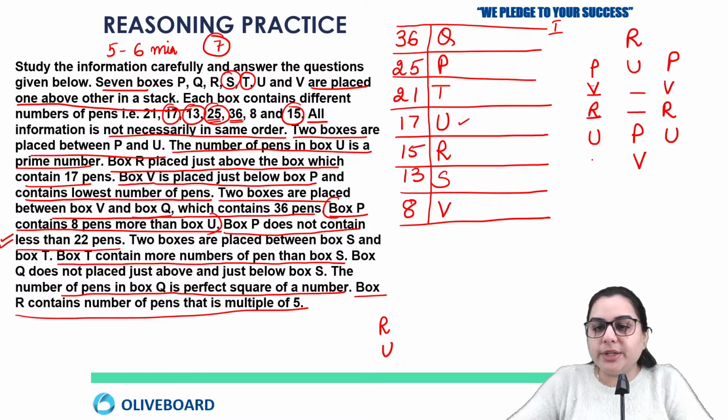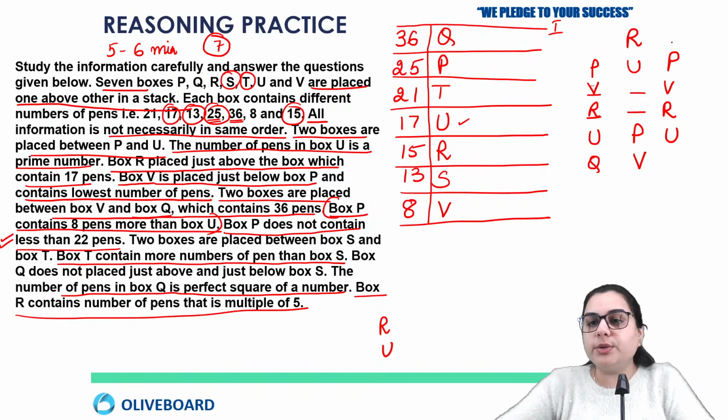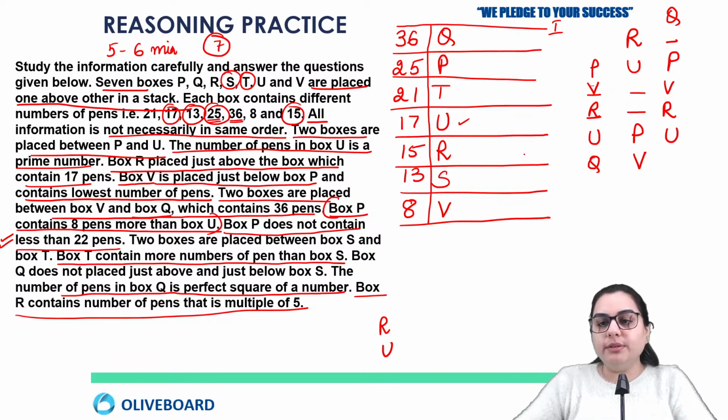Either I write Q below, maintaining two boxes between V and Q, or I write Q above. So these are the two options for Q, because there are two boxes between V and Q.